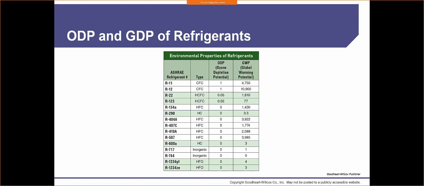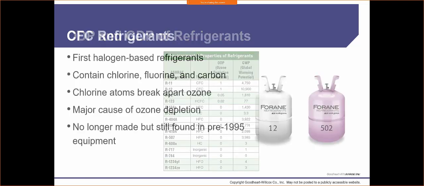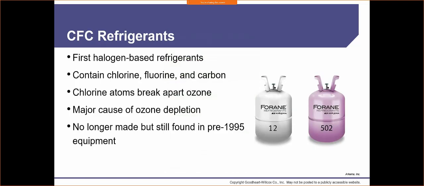R22, slightly better, actually much better, but still it does deplete the ozone. 410A doesn't, but it still does have a high GWP. So we're eventually going to switch over to, like I said, an R32 or Carrier's proprietary blend. Oh, they do have the gray tank on here, so that's cool.